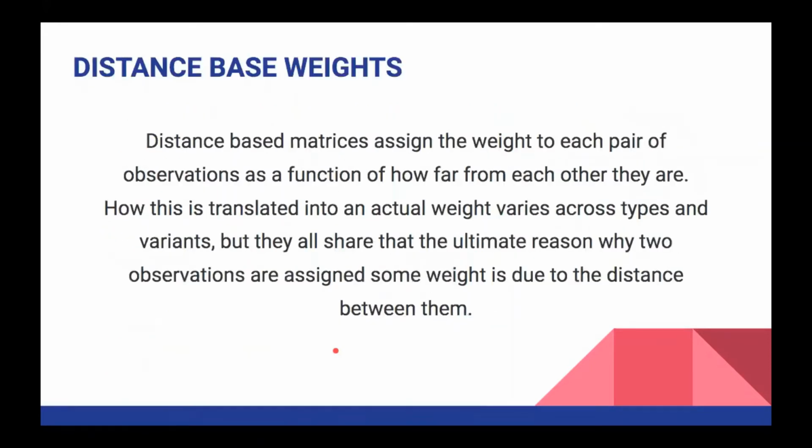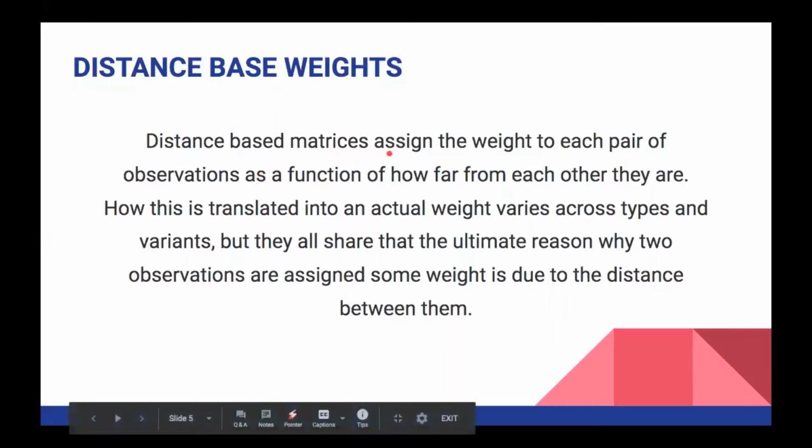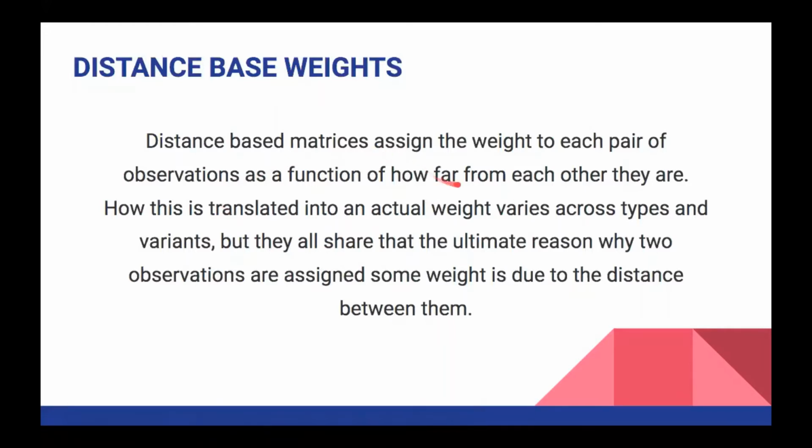Now, another set of weight generation is what we call distance-based weight generation. In this distance-based approach, we consider the distance between the two observations before we can say whether they are neighbors or not. So distance-based matrices assign weight to each pair of observations as a function of how far from each other they are.